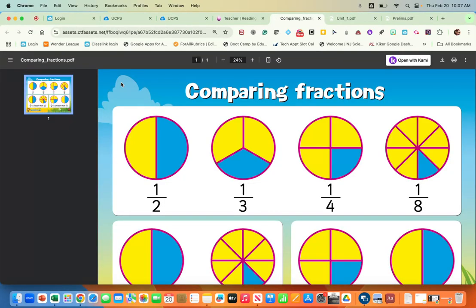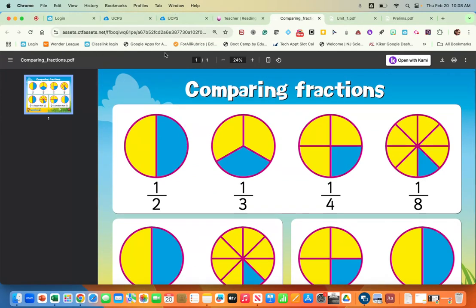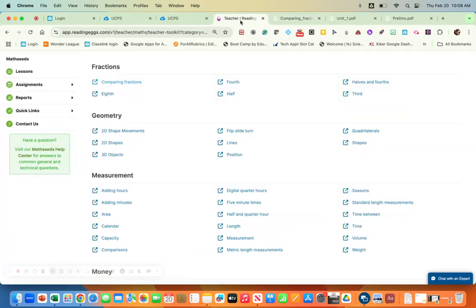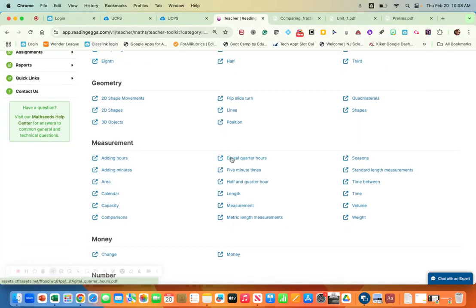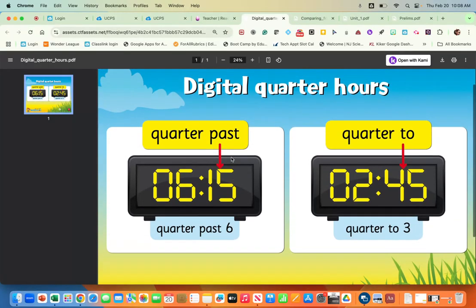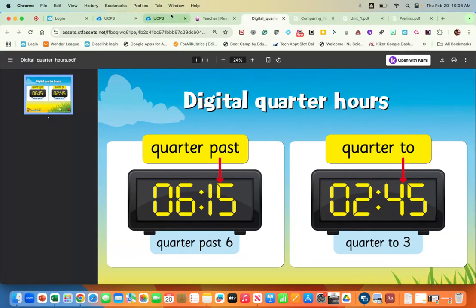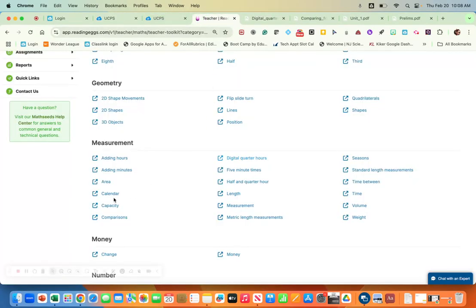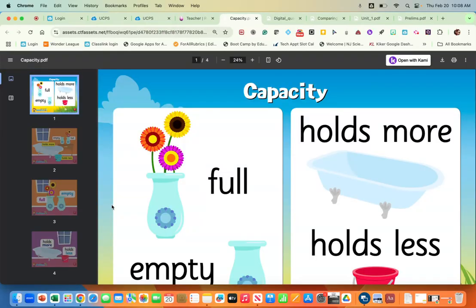Let me show you what they look like. This is the comparing fractions poster. Very colorful, nice on the eyes, where you feel like students would pay attention to this. Looks fun.